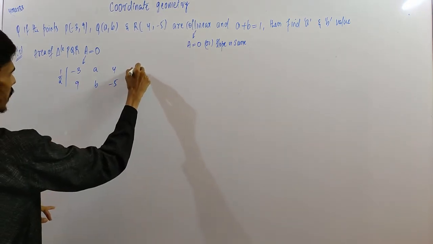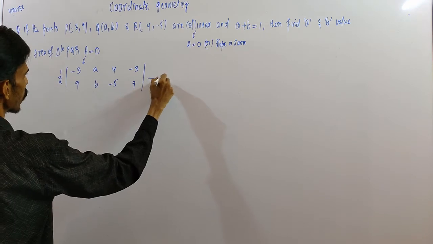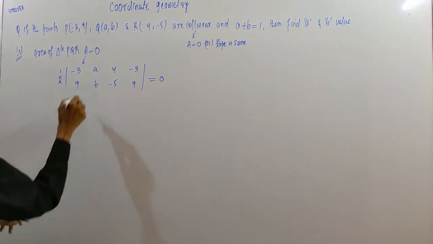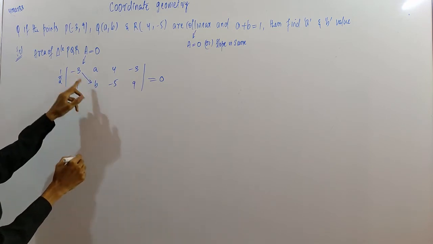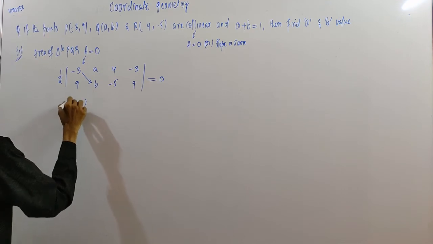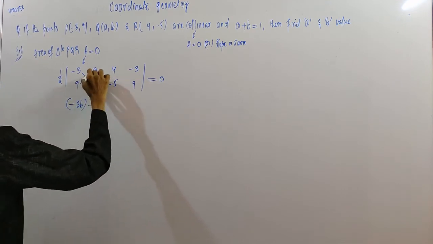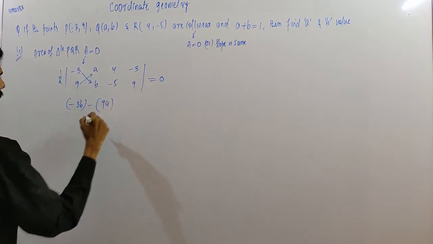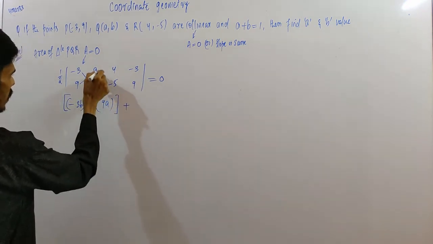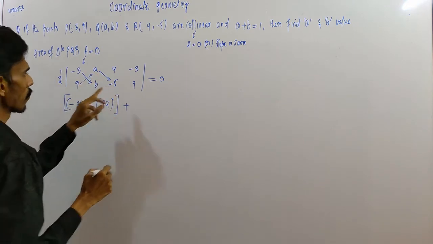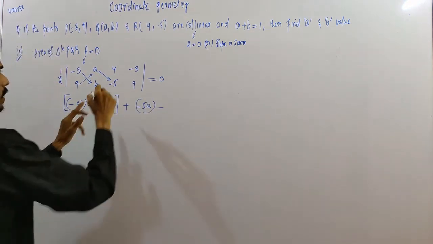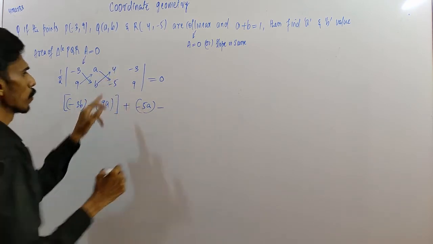Copy this point, -3, 9, equal to 0. Now 2 into 0 we have 0. Now cross multiply here: 3 into b, minus 3b, minus 9 into a, 9a. Write down plus, multiply this, a into -5, minus 5a. Put minus sign, b into 4, 4b.